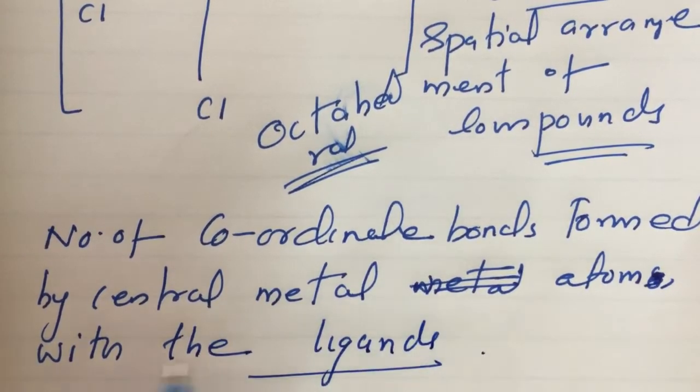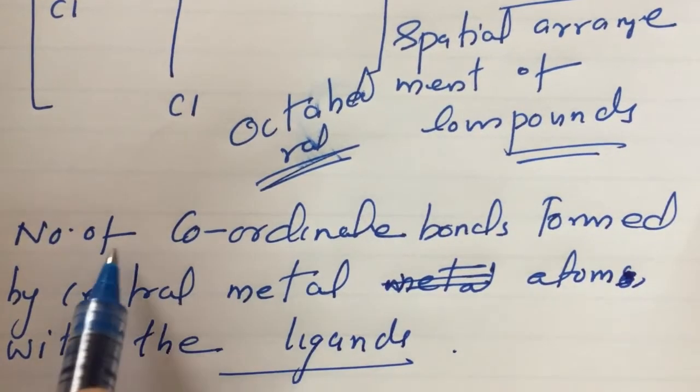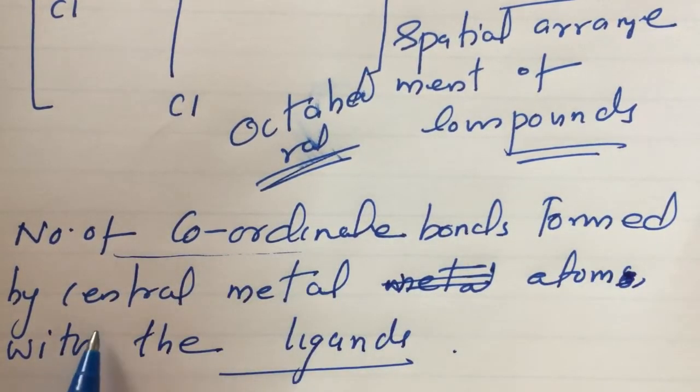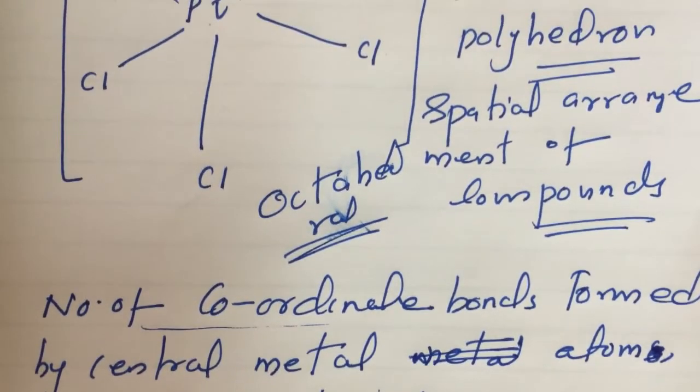So please read the definition. Coordination number is equal to the number of coordinate bonds formed by the central metal atom with the ligand.